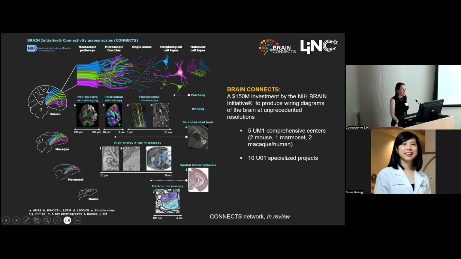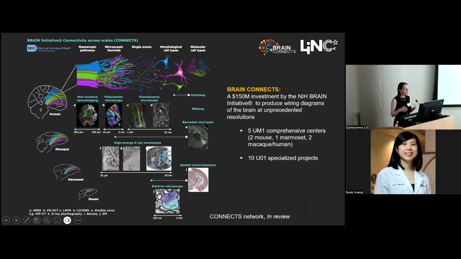And to this end, we were very pleased to see that as we were doing this work, and at that time we could only do it in these small little chunks of brain, the NIH funded the Brain Initiative Connects program. This was a $150 million investment to produce wiring diagrams of the brain at unprecedented resolutions across species, all the way from the nanoscale in the mouse to the microscale in the human.